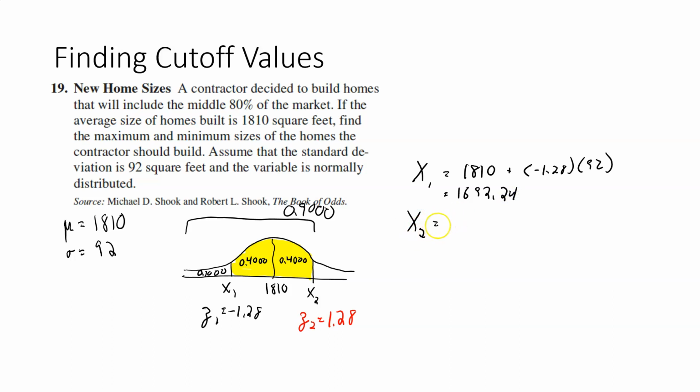And x sub 2 is 1810 plus a positive 1.28 times 92, which is 1927.76.